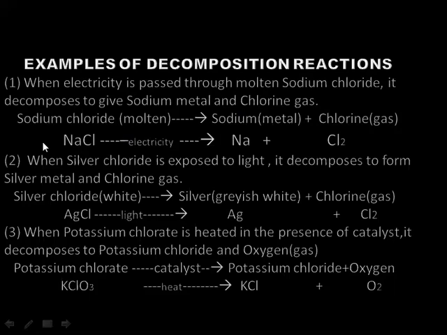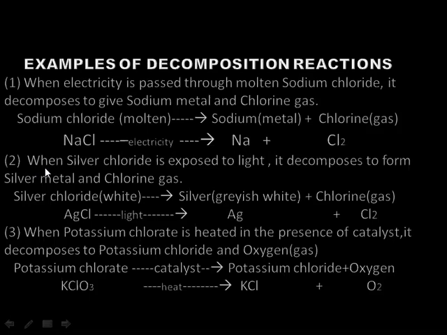Formula equation will be NaCl, by passing electricity, gives, represented by an arrow, Na, sodium metal, plus Cl2, the formula of chlorine gas. The formula equation has an unequal number of chlorine atoms on both sides. Since this is an example of a skeletal equation, we can also write the balanced equation too.